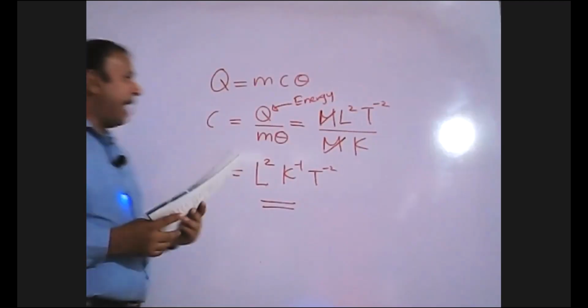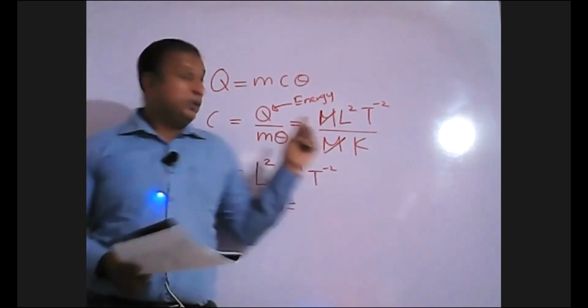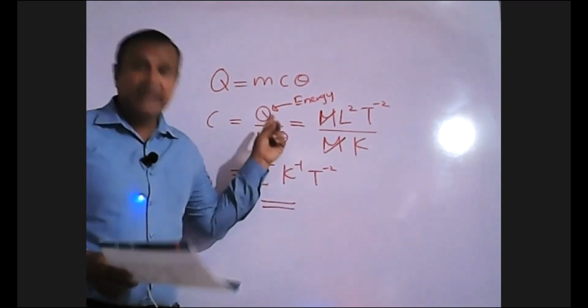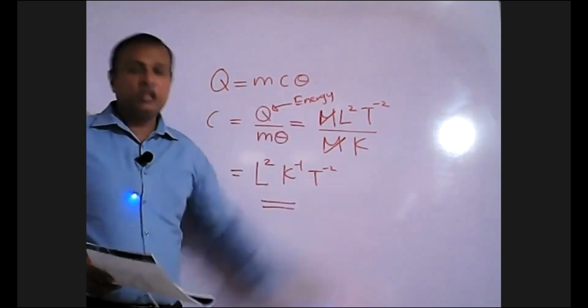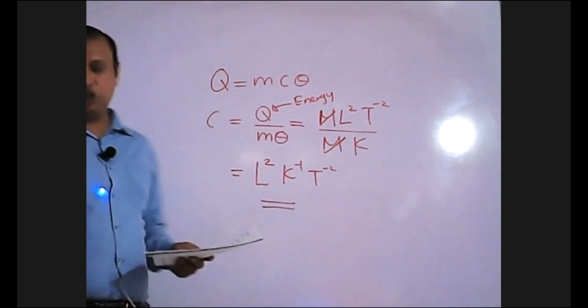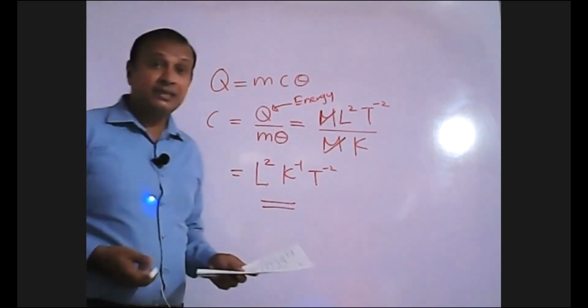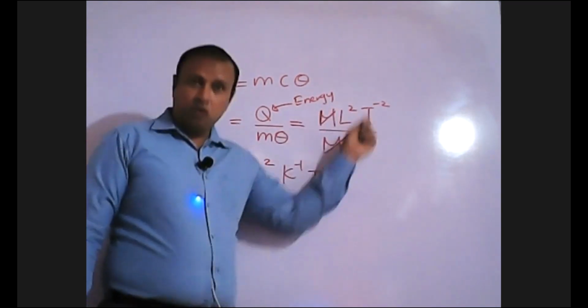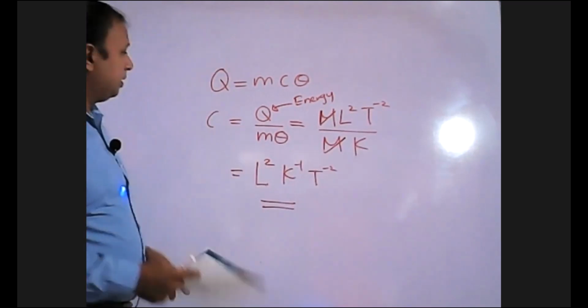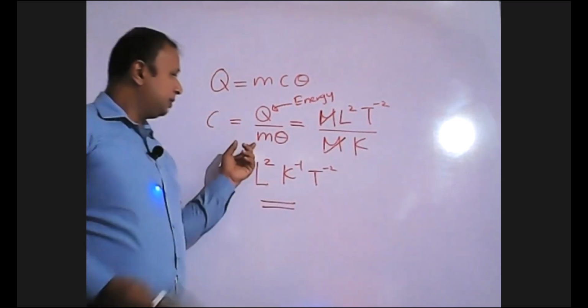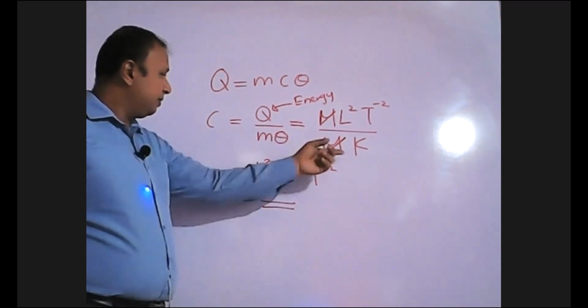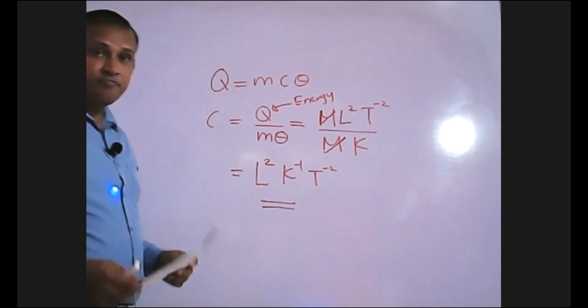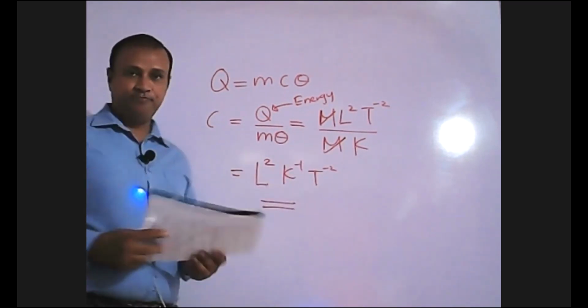In this case, you have to know about heat. Heat is an energy. Energy means force into distance, that means M L squared T minus 2. Then you substitute the dimensions of M and theta, and you will have the answer.